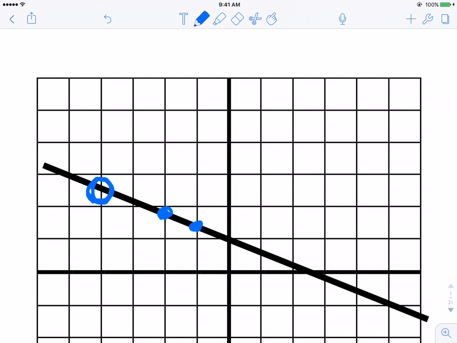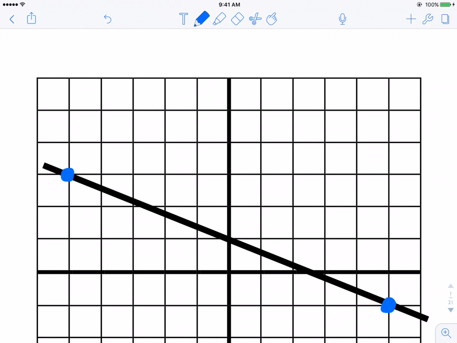I could get a pretty good estimate as to what those points would be, but they're not very good points because they don't cross intersection points on the graph very well. So what I would do is I would choose probably this point right here, and then maybe way over here, this point right here. Okay?